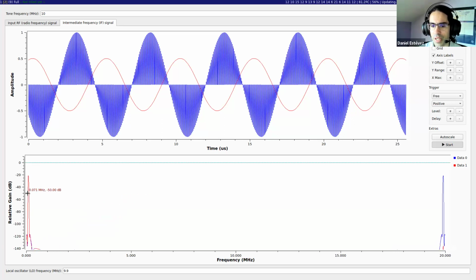If I left out this low pass filter, what will happen is that I'm not removing other FM stations. So let's pretend that there is another FM station which is 20 megahertz away from the station I'm tuned to. And that FM station will alias into the same frequency that I'm sampling, because of the Nyquist theorem, as I was mentioning at the beginning.